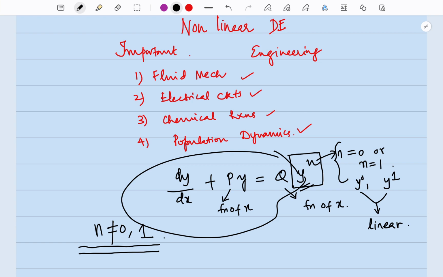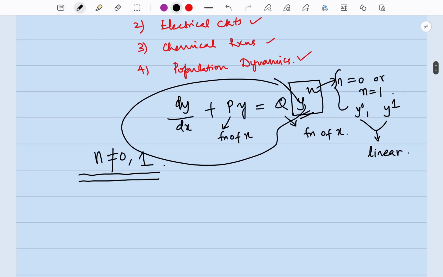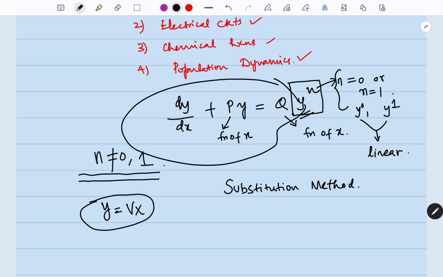And how can it be solved? It can be solved by a special method which is called the substitution method. In the substitution method, in the last video, we used y is equal to vx. For all the questions related to the substitution method, we used y equals vx.